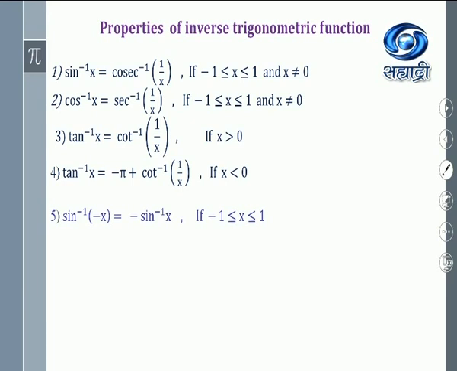Number 5, sin inverse of minus x is equal to minus sin inverse x if x is less than or equal to 1, greater than or equal to minus 1. Tan inverse of minus x is equal to minus tan inverse x if x belongs to R. x is any real number, then this property holds good.